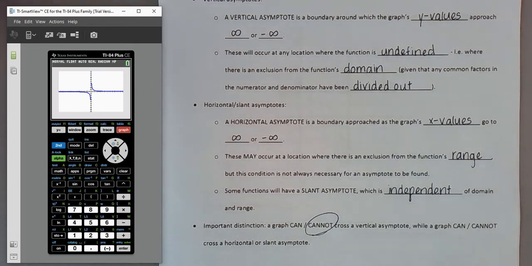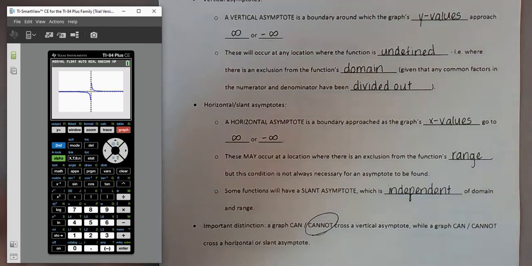So any location where we say there's a vertical asymptote, that boundary is truly going to divide the function's graph into separate pieces. Once we define the locations for those vertical boundaries, we know that they're truly separating the graph into a left piece and a right piece at that location.